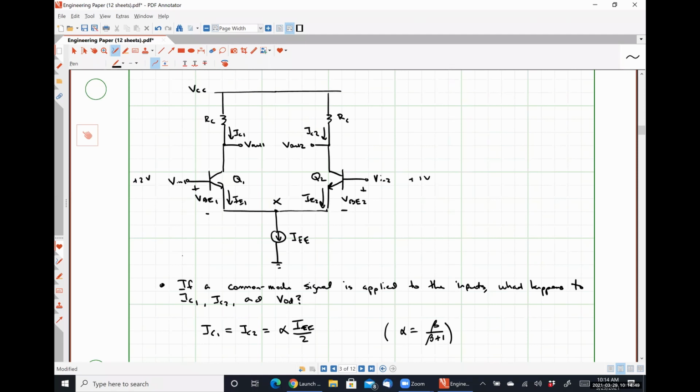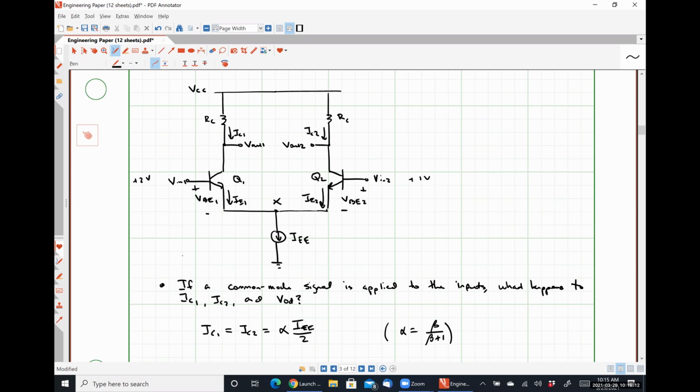So it shouldn't require our differential voltage to be incredibly positive to force all of the current to be effectively carried by IC1 and none of the current to be carried through IC2, right?